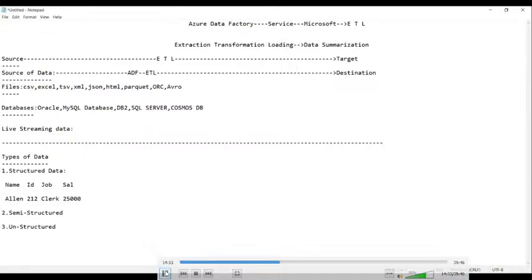Next, I'm writing one more line. Bobby, senior clerk is the job, and the salary, let's make it 30,000.